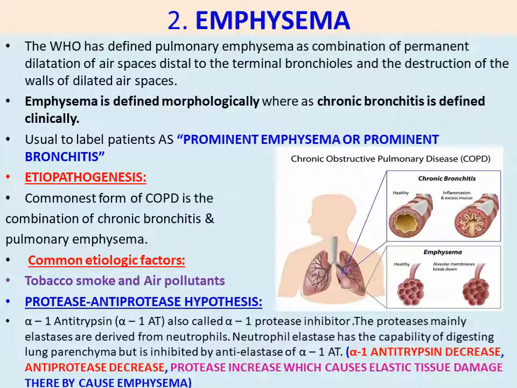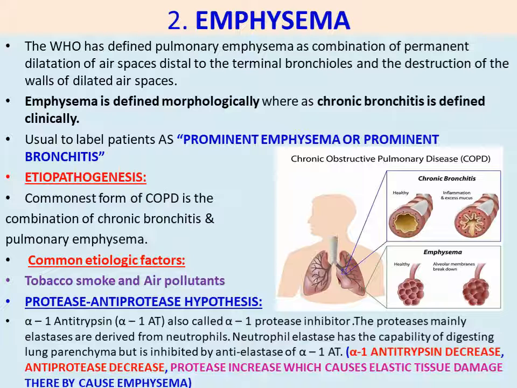Next, etiopathogenesis. The commonest form of COPD is a combination of chronic bronchitis and pulmonary emphysema. Common etiologic factors are tobacco smoke and air pollutants. In emphysema, the protease-antiprotease hypothesis applies.